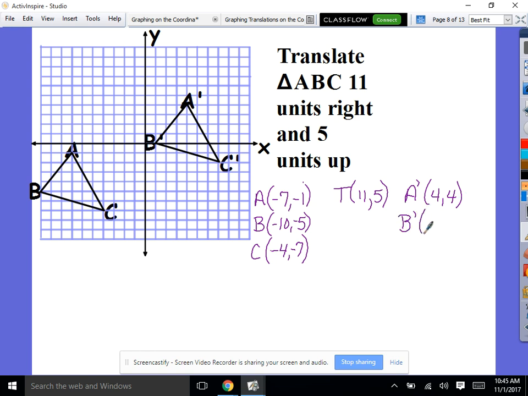B prime is positive 1, 0. And C prime is positive 7 and negative 2.